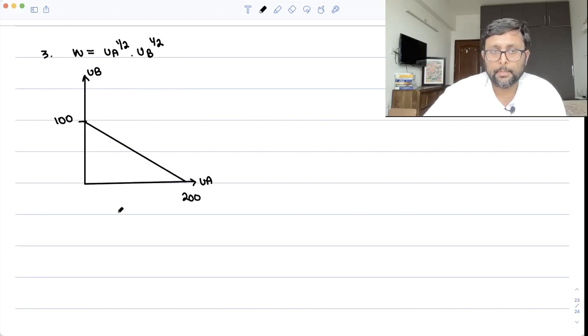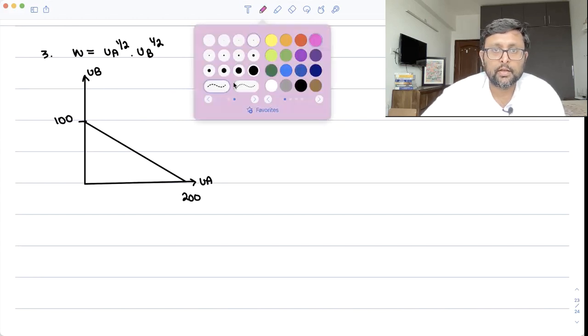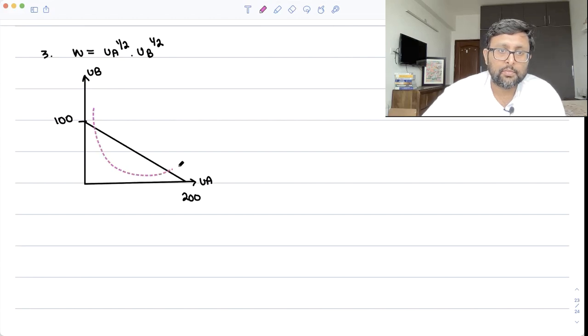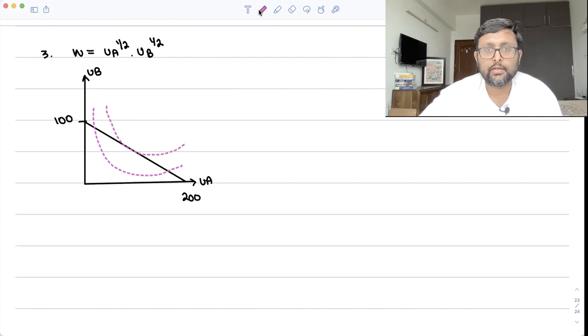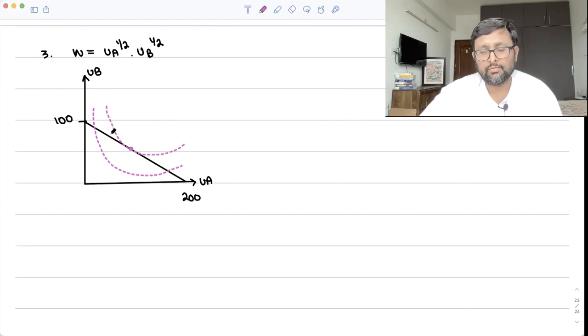You have 200 out here, right? So we'll be asking what is the maximum welfare point? Is this the one? No, this is the one, right? So you're maximizing at this point. Maximizing at this point is simple. The way you maximize your utility subject to the budget constraint, that's it. So you're just maximizing root of UA, UB subject to this utility possibility frontier, that is UA plus 2UB is equal to 200.